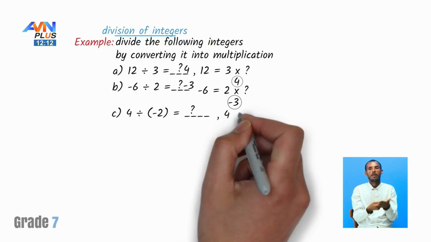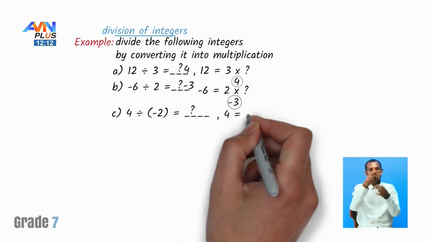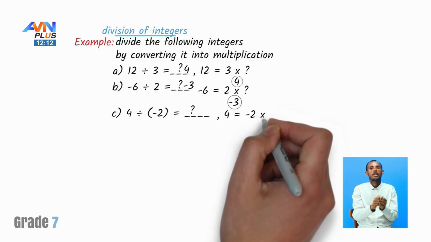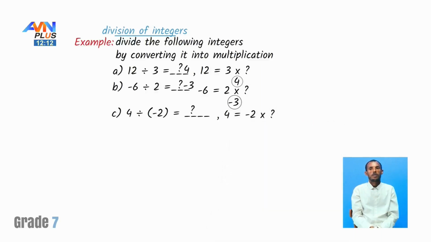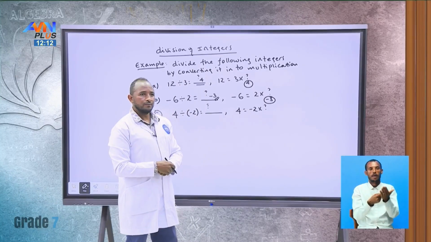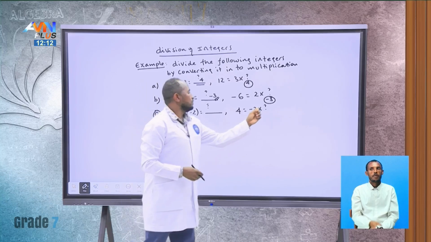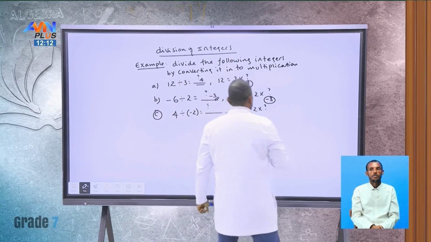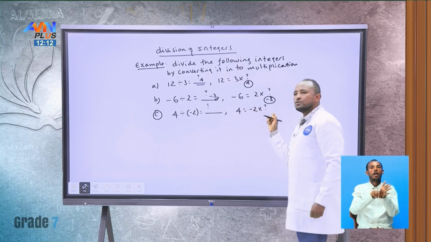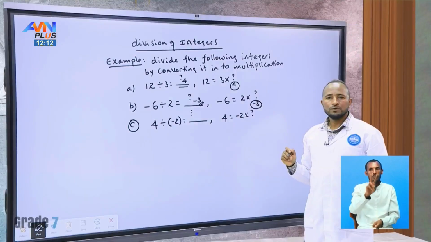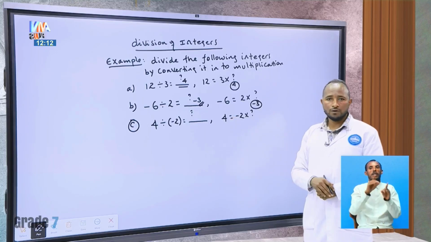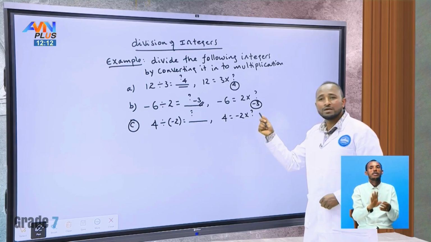So here we get 4 when you multiply negative 2 with a certain number. What must be the number here? If you take 2, negative 2 times 2 gives us what? It gives us negative 4. It doesn't give us 4. So the number here must be negative.